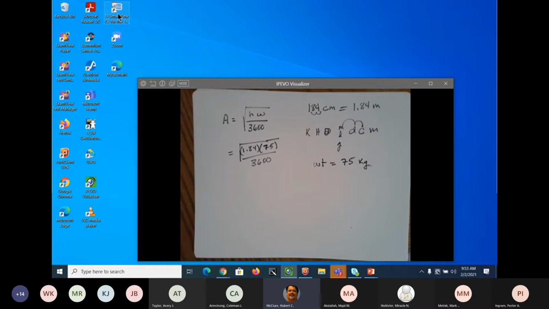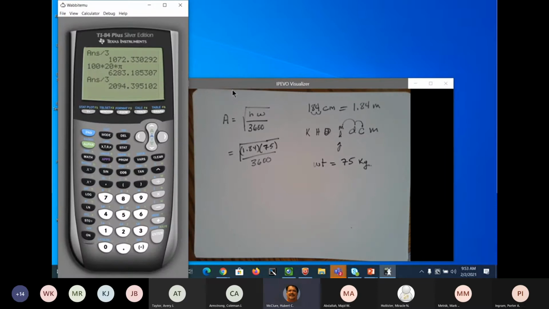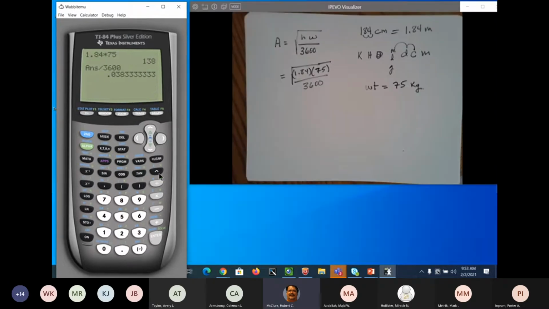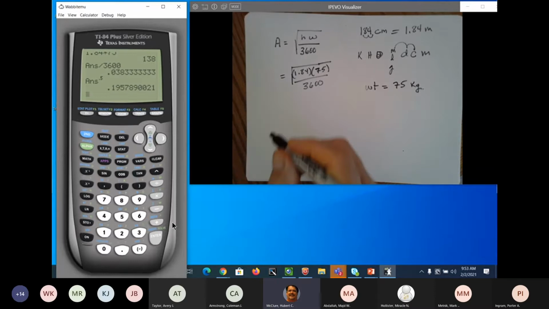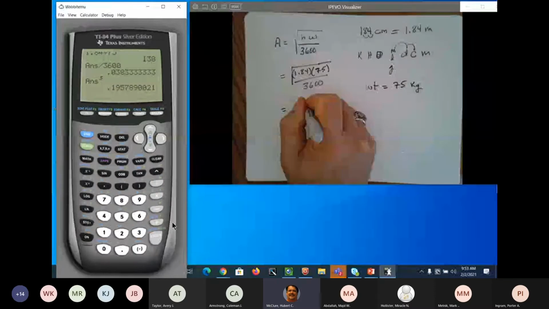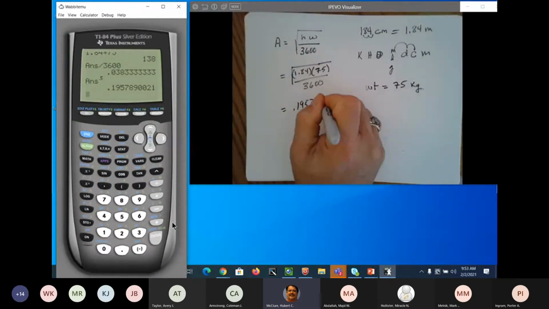And there's my calculator. I'm going to take 1.84 times 75 and divide that by 3,600 and raise that to the 1/2 power. I get 0.195789. And I don't know what it says to do.